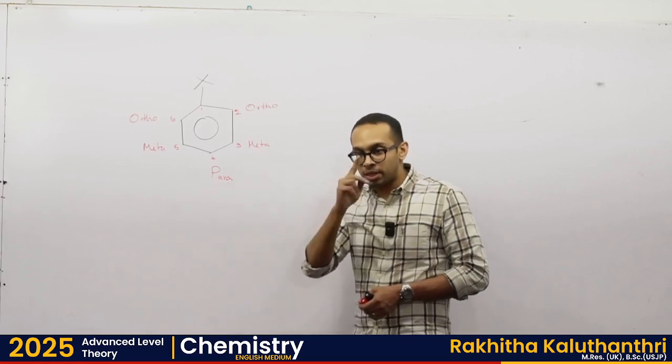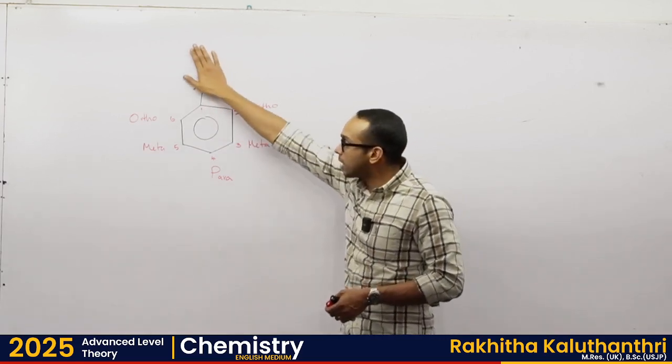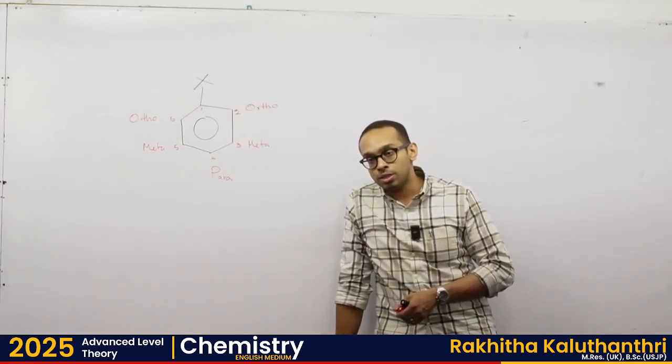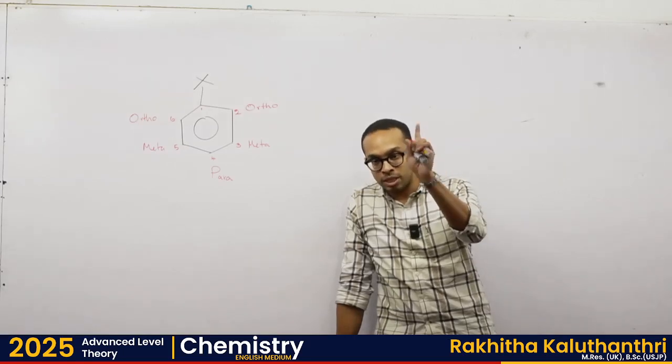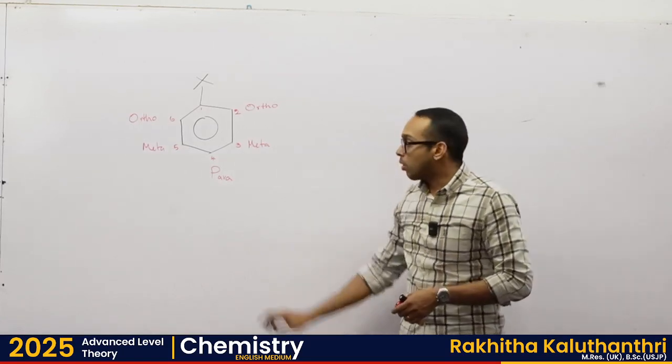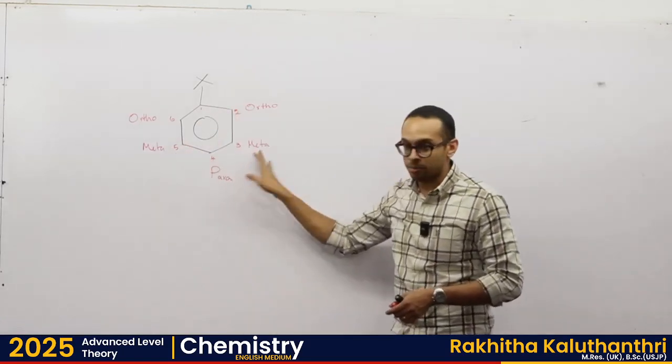So there's only two different types of directors. These groups that are connected here will become either ortho-para directors, which is just a single type of director, or meta directors. Meta directors only direct the second group to these spaces.